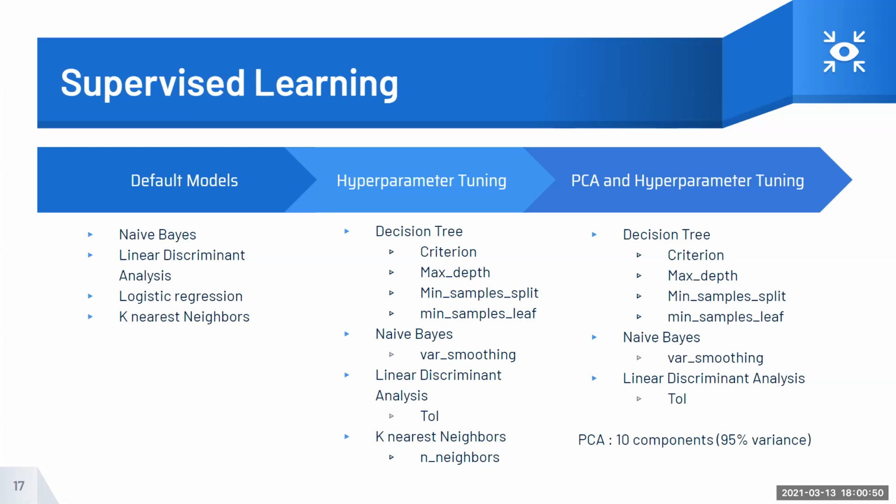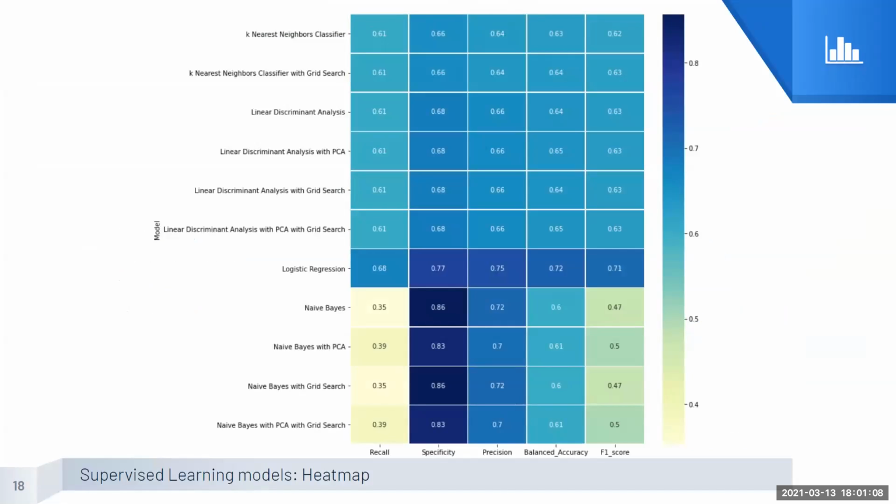For supervised learning, we used naive Bayes, linear discriminant analysis, logistic regression, and k-nearest neighbors with hyperparameter tuning using grid search. We also applied it with PCA, principal component analysis. And we get the results for each of the models: average score, recall, specificity, precision, balanced accuracy, and F1 score, with the heat map and a line plot.